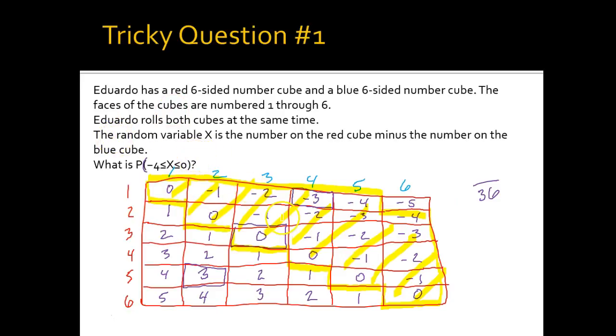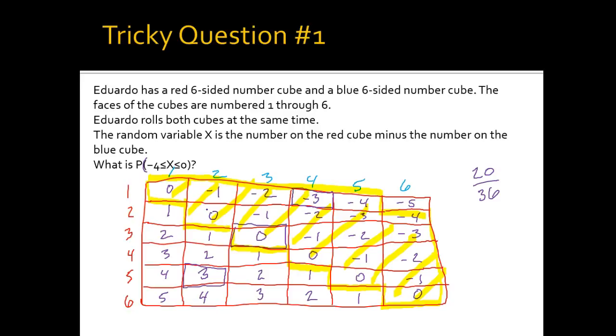There's 5, 10, 14 plus 3 is 17, 18, 19, 20. There's a total of 20 squares that we want, results that we want, representing all those zeros and negative ones and negative twos, negative threes, and negative fours. So that's 20 out of 36.